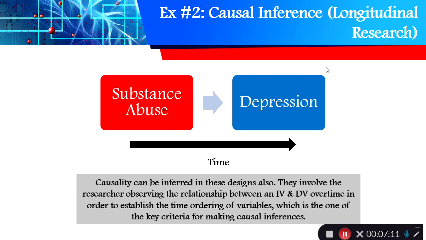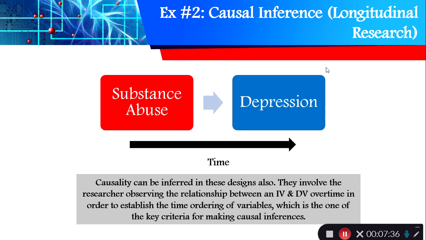So here again, as I just mentioned, when we study the relationship between substance use and depression over time, we are able to collect multiple data points in such a way that it allows us to establish the time ordering of variables. So if we study the same relationship across time, then it allows us to determine what comes first. Is it that substance abuse comes first or depression comes first, right?